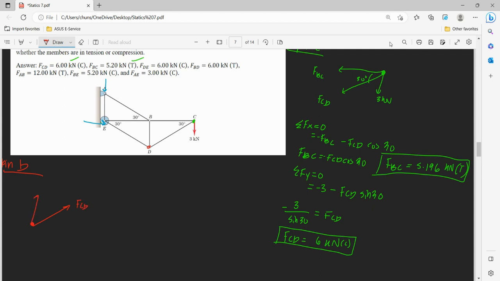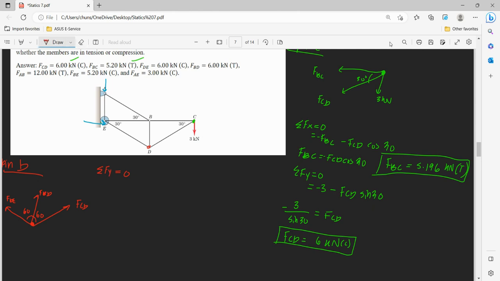We don't know what FBD is, and we don't know what FDE is. So we have two unknowns and two equations, so we can definitely solve for this one. And this is angle 60. I would start with, it doesn't matter which one we start with, neither is simpler than the other. Actually, I'm going to start with y.